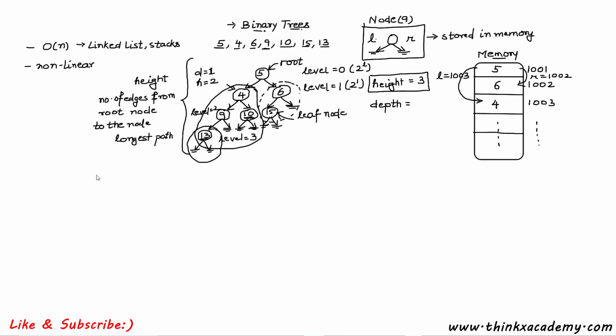Now let's come on to the very important topic, which is different types of binary trees. The first type of binary tree is known as the degenerate or the pathological tree. A degenerate or pathological tree is a tree which can actually be used as a linked list.